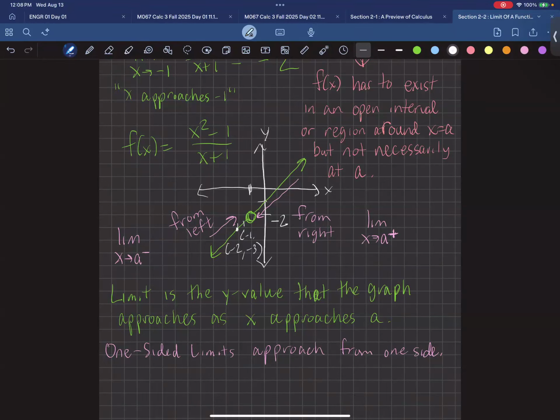At -1.5, we're at like -2.5. And as we get closer, we're getting closer to that value. Same thing from the other side. At 0, this is -1. But if I do -0.5, I'm at about -1.5. If you do the table, you'll see this is the case.